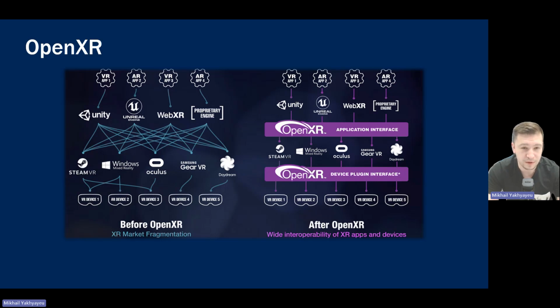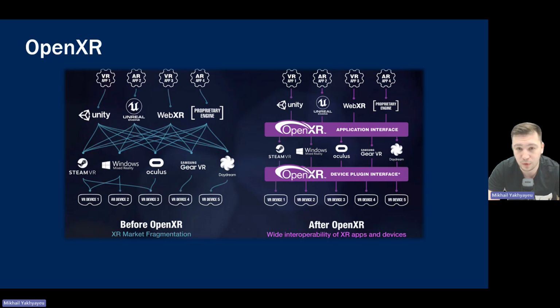It is a pretty messy diagram, because you had to use different builders to build applications for different platforms, and then you had to build each application for a certain device. It was pretty messy. If you look at the diagram on the right, you can see that the problem is solved, and OpenXR makes it really nice.